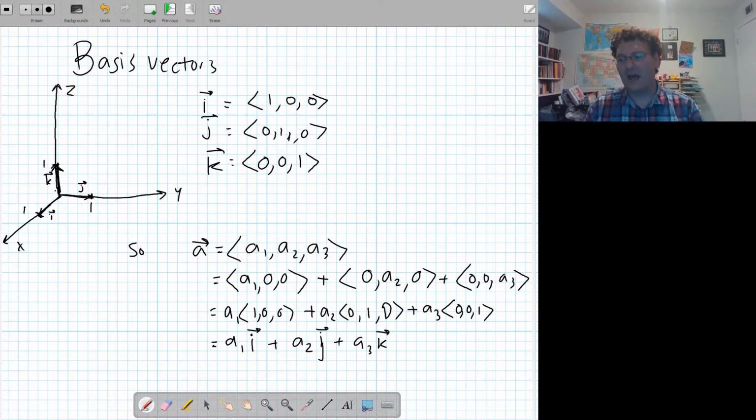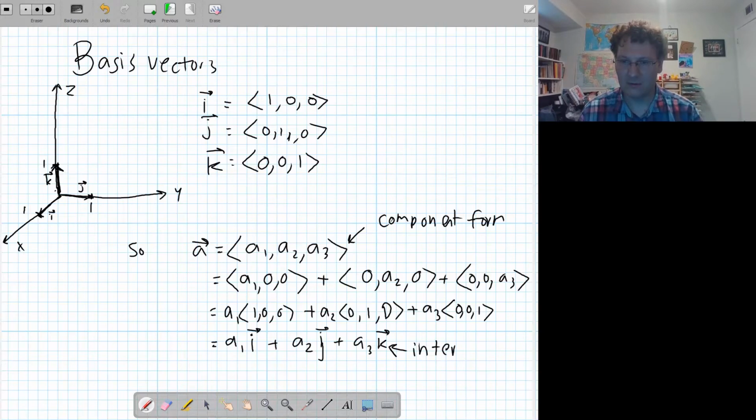The point is, any vector can be written in either component form, or in terms of the basis vectors.